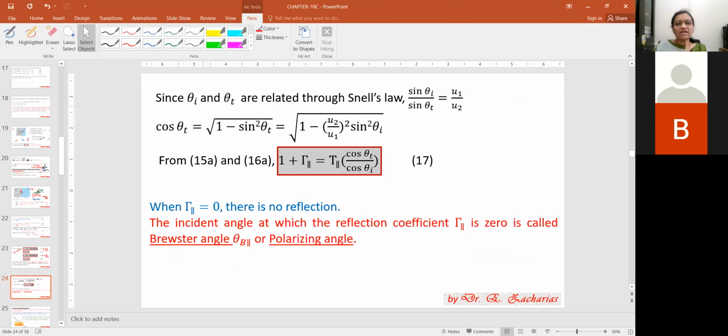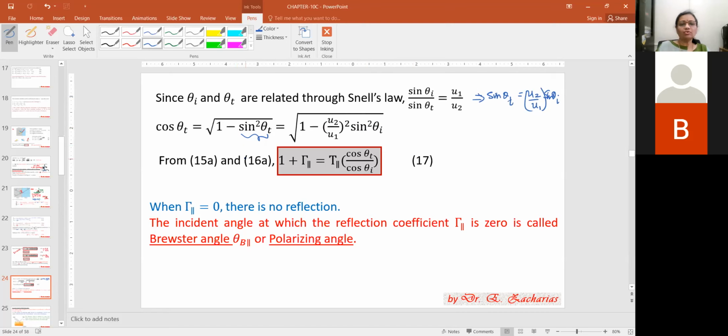Since theta I and theta t are related, Snell's law says that sine theta I by sine theta t is equal to u1 by u2. Now what we will do is write cos theta t as the square root of 1 minus sine square theta t, that is your trigonometry. And instead of sine square theta t, we will make a substitution from here, because from here you are getting sine theta t equal to u2 by u1 into sine theta I. So you have eliminated theta t in this way.